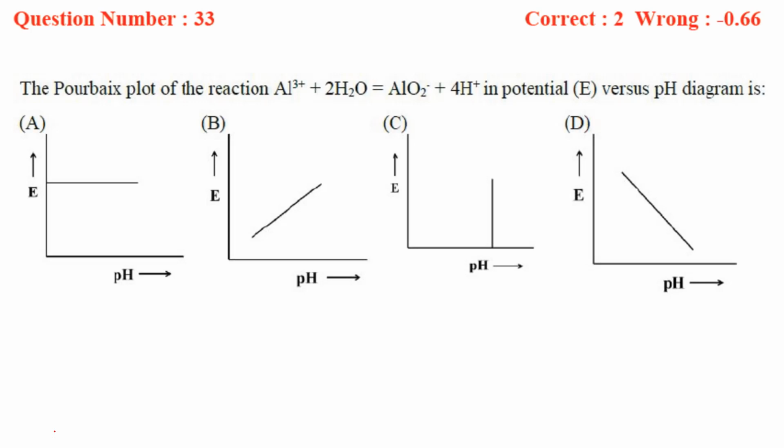The Pourbaix plot of the reaction Al3+ + 2H2O = AlO2- + 4H+ in potential E versus pH diagram. Okay. So guys, first see what a Pourbaix diagram is. A Pourbaix diagram is a diagram between the electrochemical voltage versus the pH.